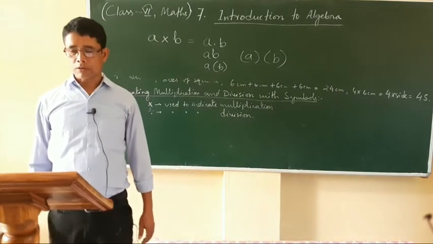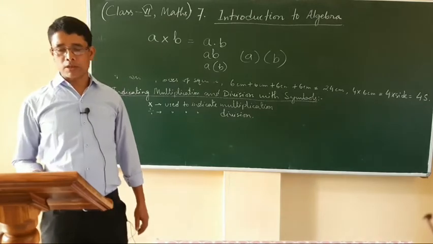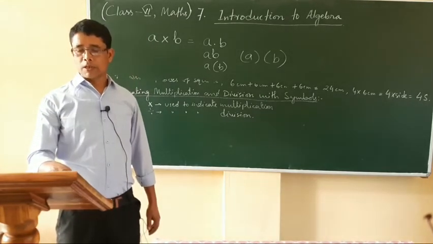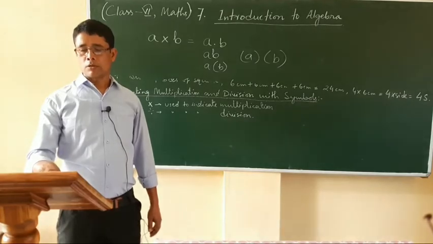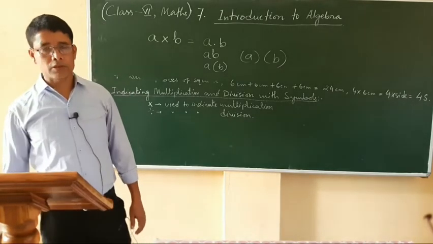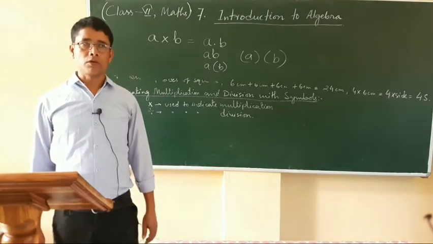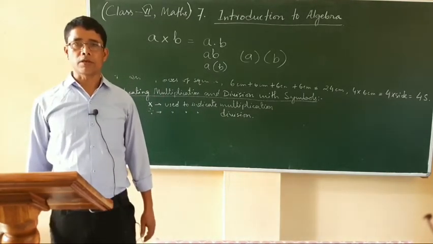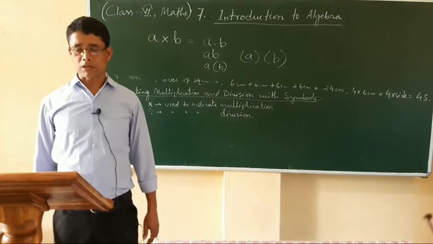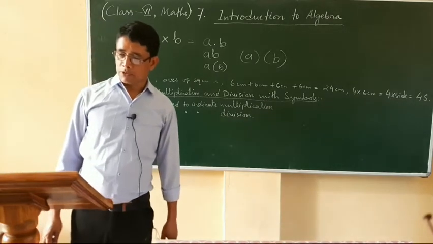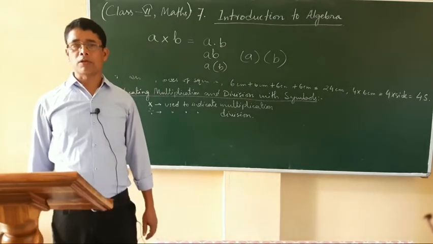So, that means in which ways can we indicate the multiplication sign? The first one is placing a dot between two symbols for numbers. That means between the two symbols, if there is a dot, it is multiplication. Writing one symbol for a number after another with no sign of operation between them.